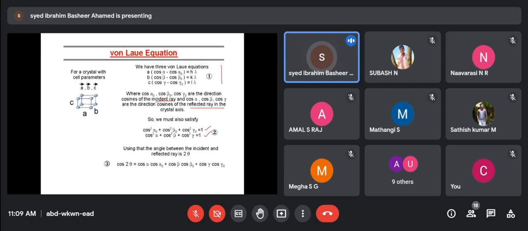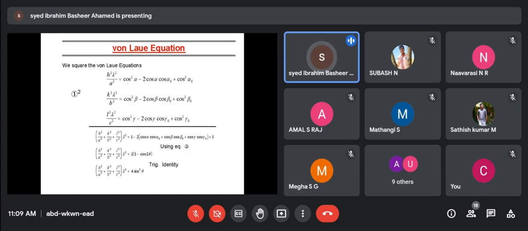And then this whole square I can rewrite like this: cos square alpha minus 2 cos alpha cos alpha 0 plus cos square alpha 0. In a similar way I can write all the other equations.